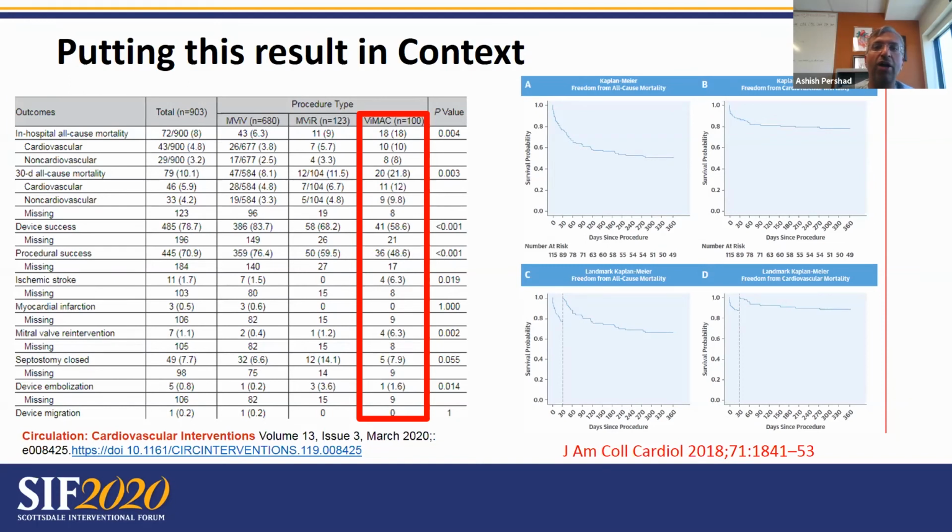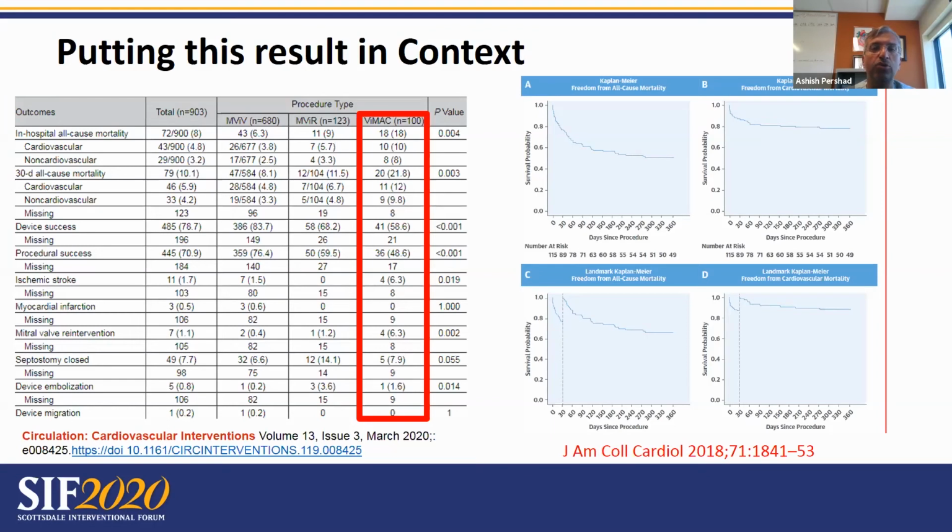And you can see that out of a total of 900 transcatheter mitral valve interventions, 100 patients were treated in the valve and MAC group, and the cardiovascular in-hospital mortality was 18%, 1 in 8, which is tremendously high as compared to the 6% that is reported for valve and valve. Not only that, at 30 days, the all-cause mortality is almost 21.8%.